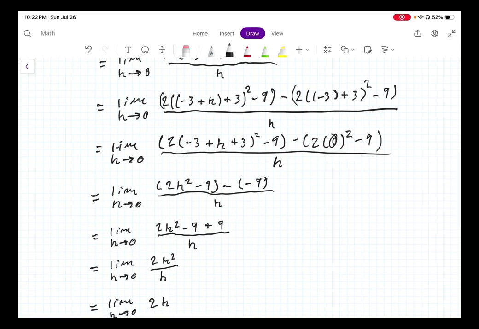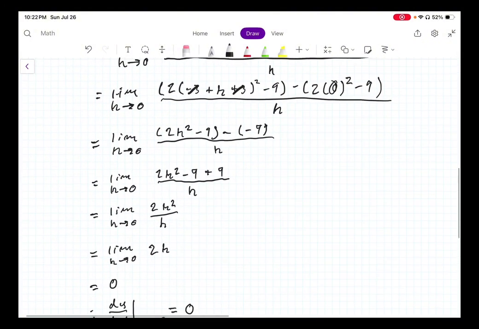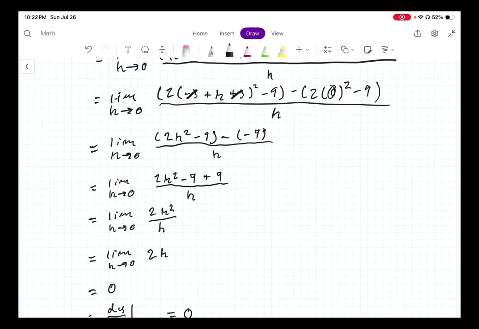And then from there we can simplify. So we can simplify this negative 3 and positive 3, so these cancel, gives us 0, which you can see in the next line, and then we can also, in the next line, cancel these. So this negative 3 and this positive 3, which in the next line will actually give us 2h squared minus 9 minus negative 9, because this 2 is equal to 0 because it's multiplied by 0.